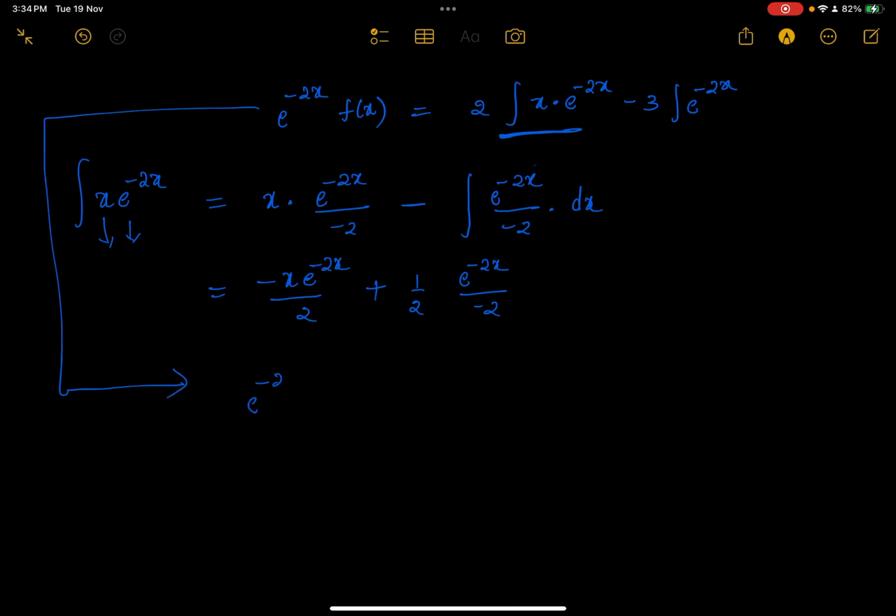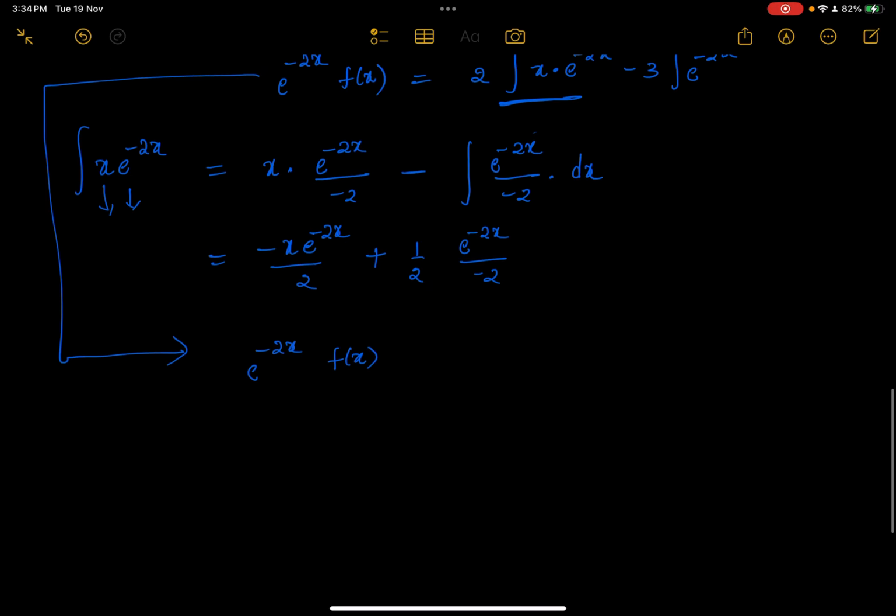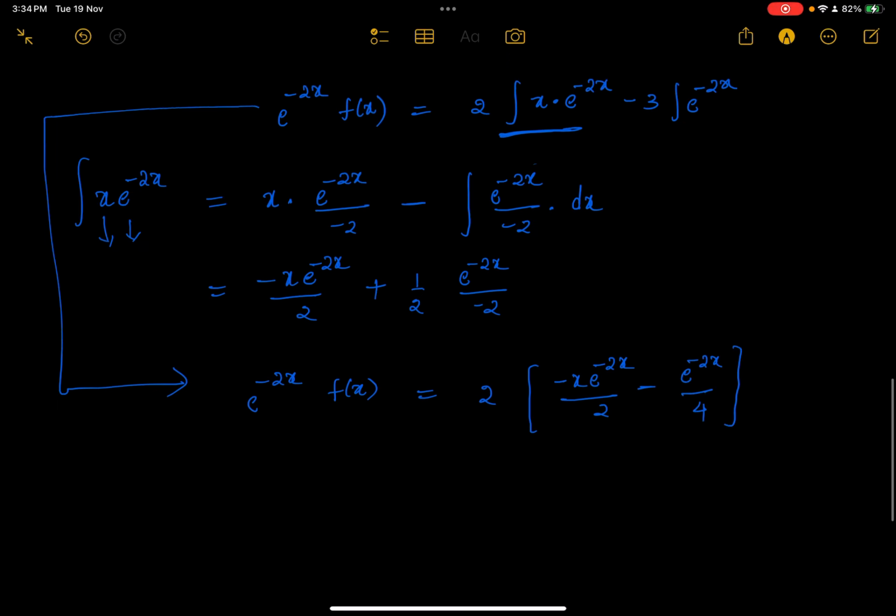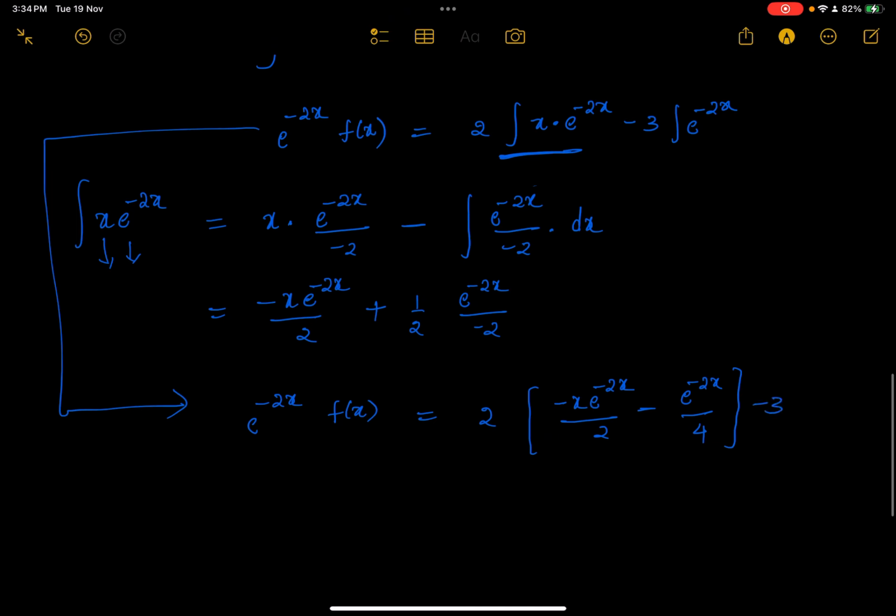So e to the power minus 2x f of x is equals to 2 into minus x e to the power minus 2x by 2 minus e to the power minus 2x by 4, minus 3 into the integral of e to the power minus 2x, which is e to the power minus 2x by minus 2, plus some constant c.